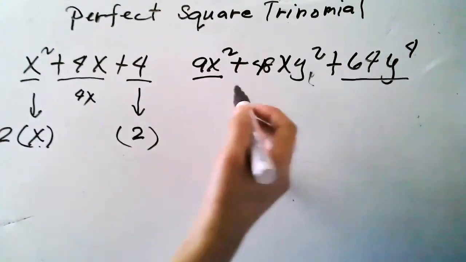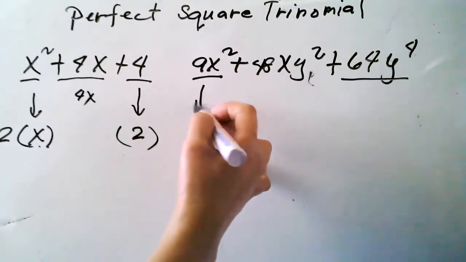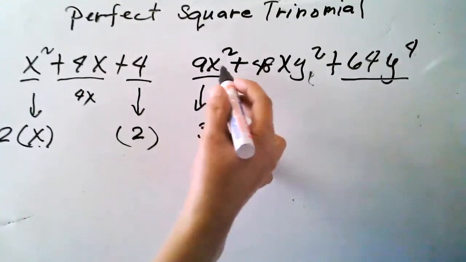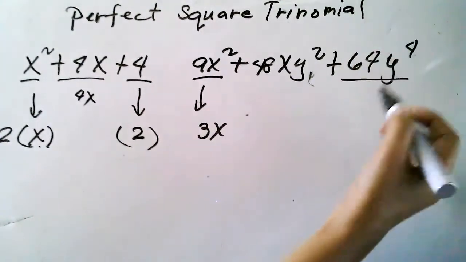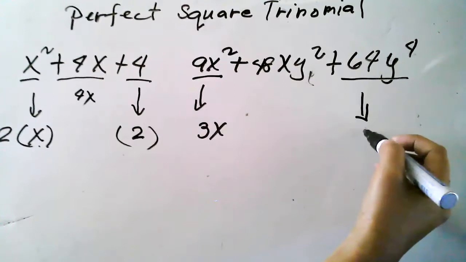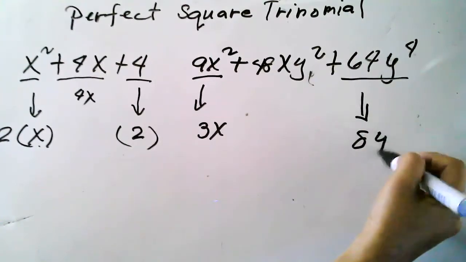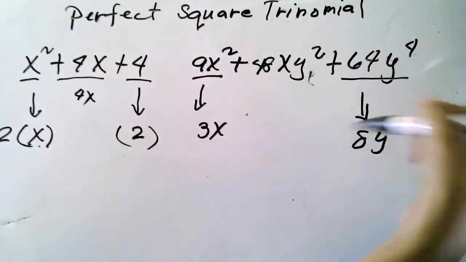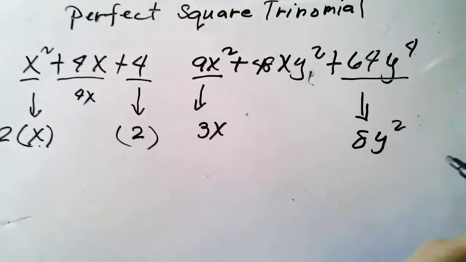And they are, because 9 has the square root of 3 and also x, and 64 has the square root of 8 and also y squared. So both of these terms are perfect squares, okay?